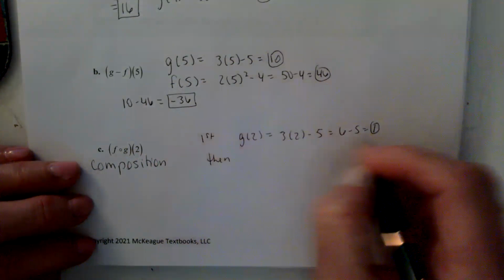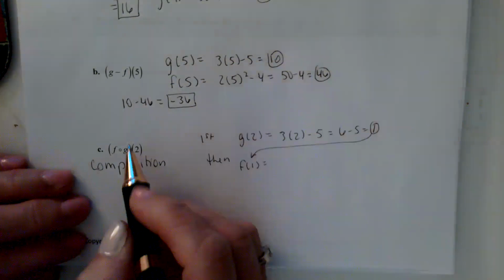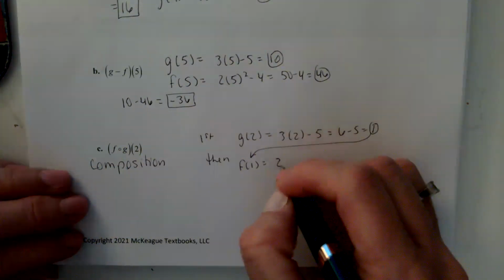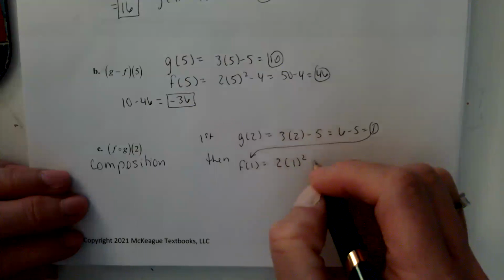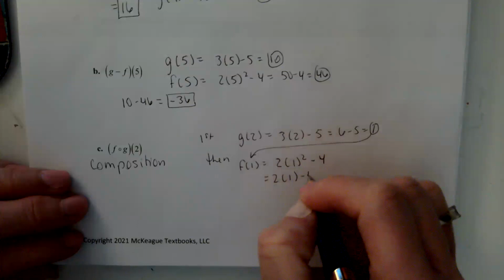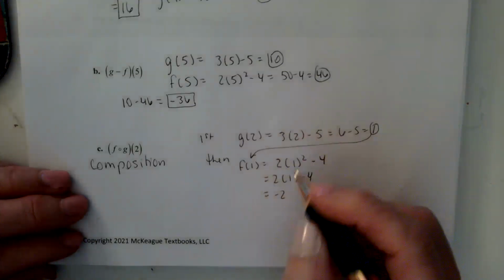Then 1 goes into f, because remember, we work from right to left. And so f is 2 times 1 squared minus 4. 2 times 1 minus 4 is negative 2. That is our final answer.